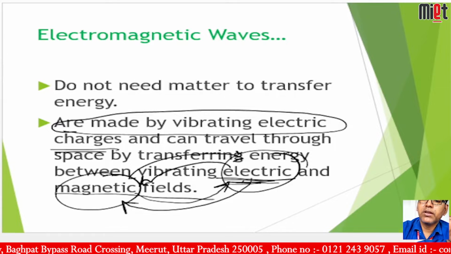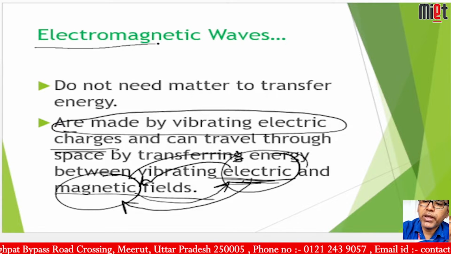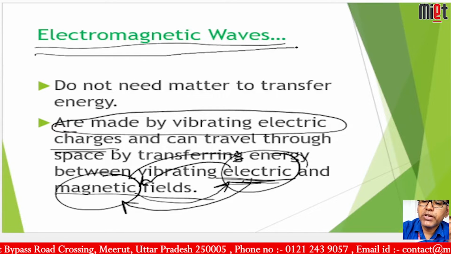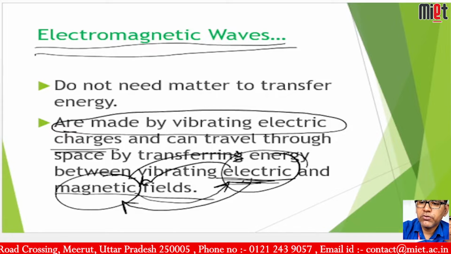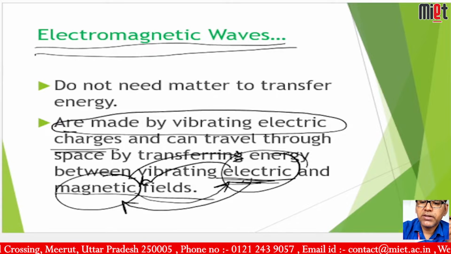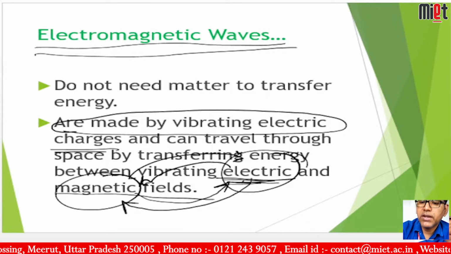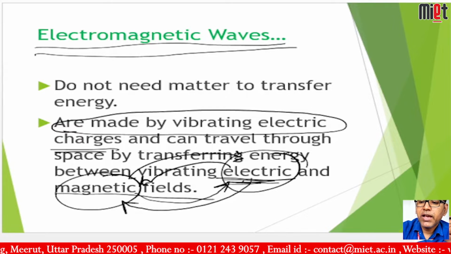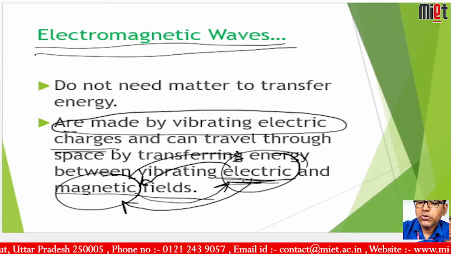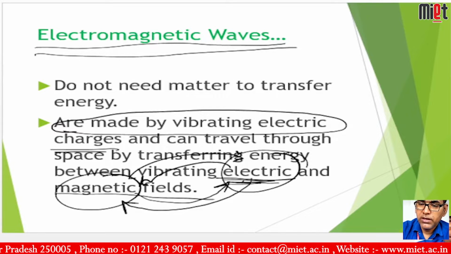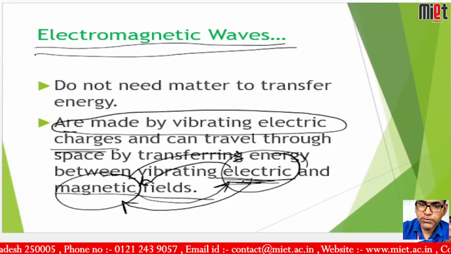So whenever you need to transmit electromagnetic waves in space, you require two antennas, one at the transmitter end and another at the receiver end. At the transmitter end, the antenna converts electrical energy into electromagnetic energy, and at the receiver end, the antenna converts electromagnetic energy into electrical energy. This phenomenon keeps going until transmission and reception take place.